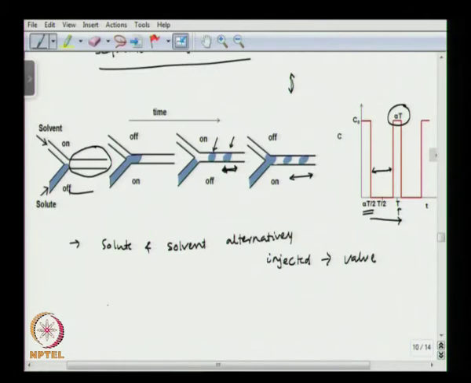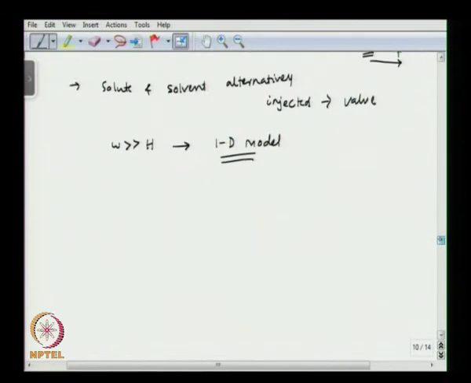Now let us consider a case where the width of the channel is greater than the height, so we use a 1D model. It is similar to flow between two parallel plates. So in that case we can write down the expression for the velocity.